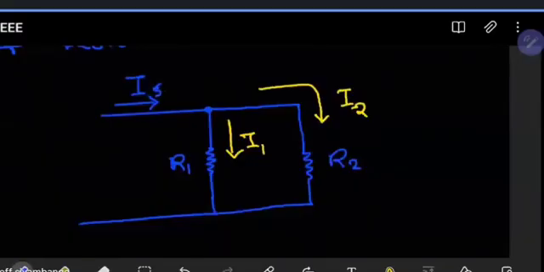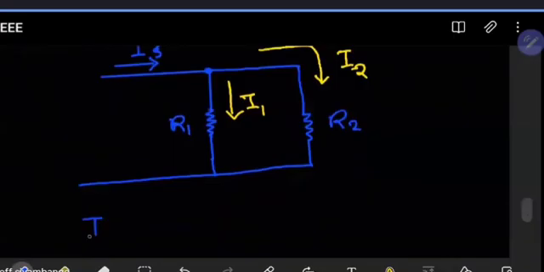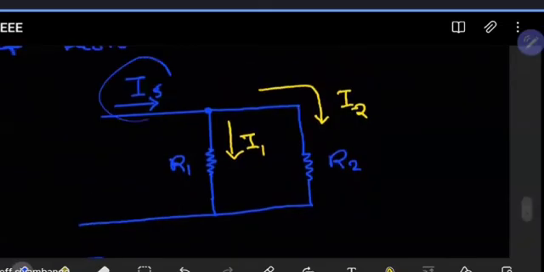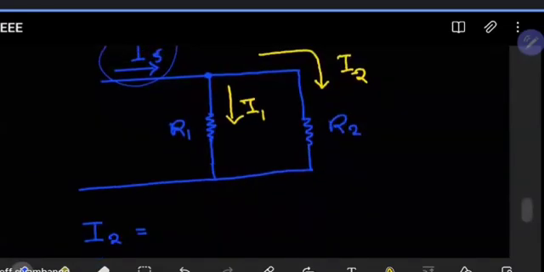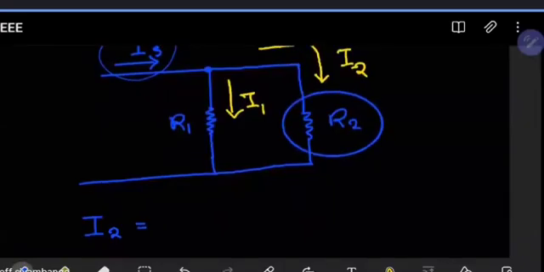Well, if you wanted to find current I2, they are sharing what? They are sharing IS, the current being supplied. So you will be multiplying with IS, but I'll put that at the very end. But it starts with the ratio of the resistors. If you're getting the current going towards the resistor 2, it will be the other resistor on top, R1.